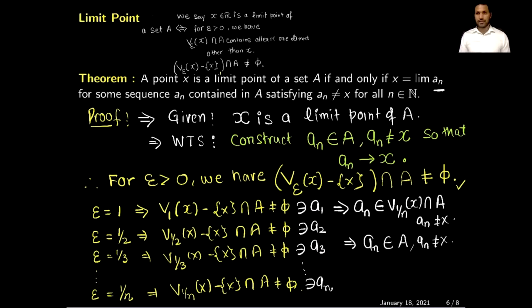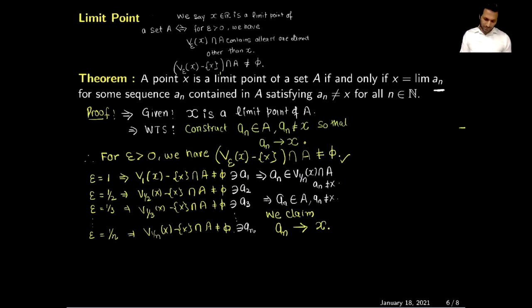So we are able to find a sequence so that each term belongs to A and each term is different from x. Next we need to prove that this sequence converges to x, which is the limit point of our set A. We claim the sequence which I constructed in fact converges to x. So next we have to prove this claim.